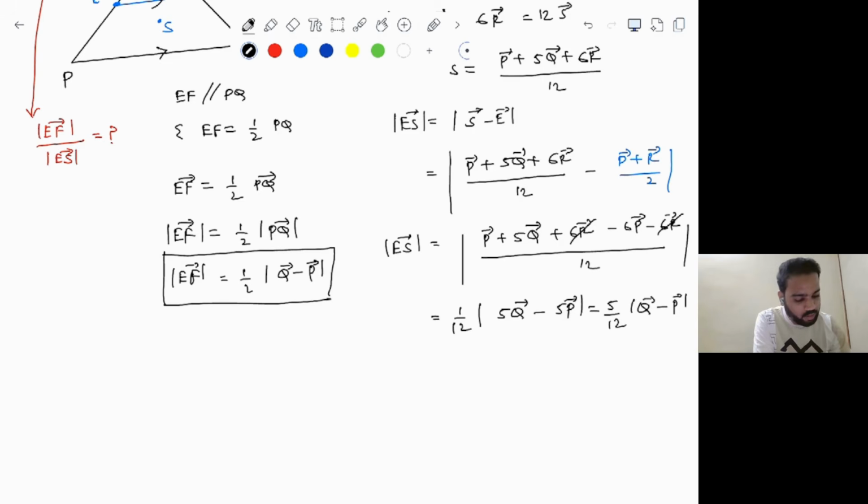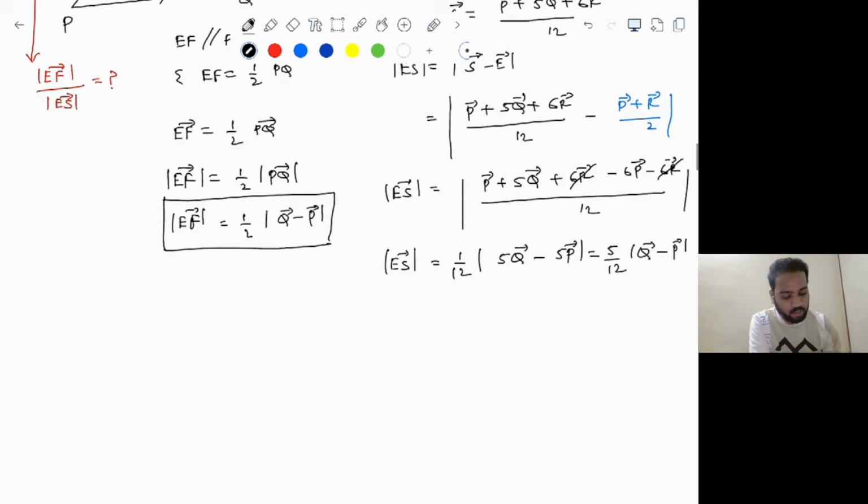Now this is the main advantage of writing modulus of ES bar in this way, because what we need is a ratio of these two, right? So finally we get modulus of EF bar divided by modulus of ES bar is equal to, numerator is, just now we have got half of modulus of Q bar minus P bar, and modulus of ES bar is 5 by 12 times modulus of Q bar minus P bar.